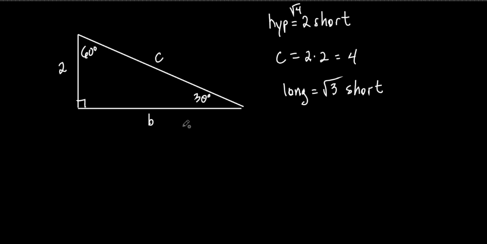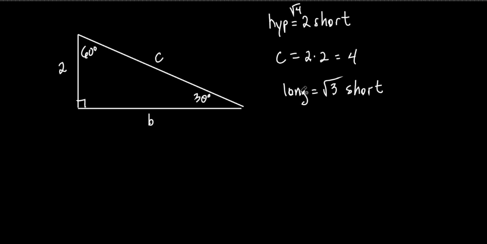That's how I remember it. The long side is just a little bit smaller than the hypotenuse. The hypotenuse is twice the short side, which is the square root of 4. So the long side is just a little bit smaller than the square root of 4. What's a little bit smaller than the square root of 4? Square root of 3. Exactly. Does that help a little bit? I don't know. That helped me when I was learning this stuff. So that's how I can remember the square root of 3.